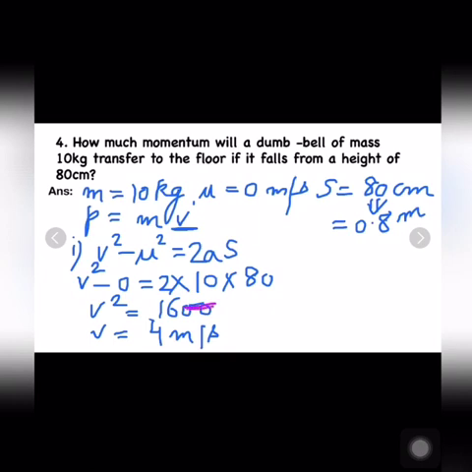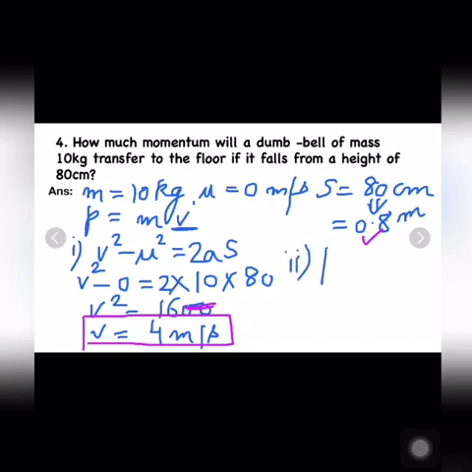Here these two zeros will not be there, and the value of velocity comes out to be 4 meter per second. Please change this centimeter into meter first. And now you find out the momentum.